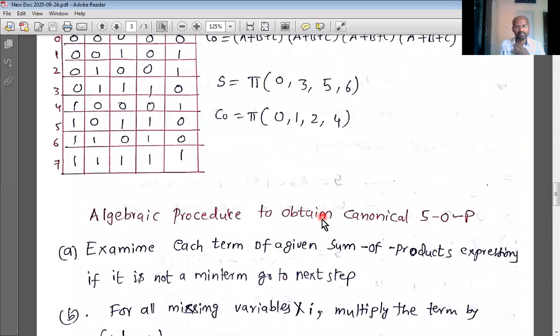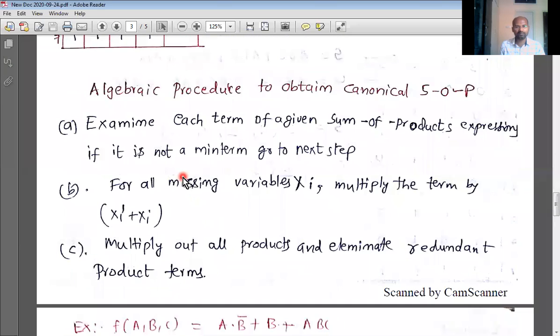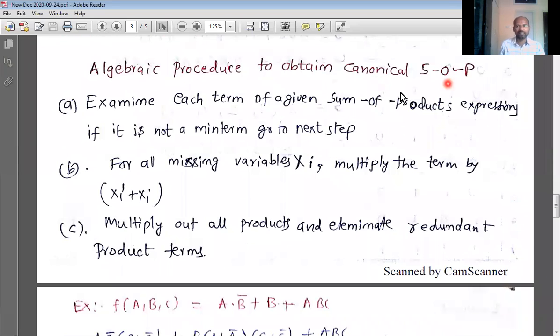Next we will see the algebraic procedure to obtain canonical sum of product. Algebraic procedure means if the truth table is not given, if a function is given, how to obtain canonical sum of product, that we will see now. These are the steps. The first step says examine each term of the given sum of products expression.